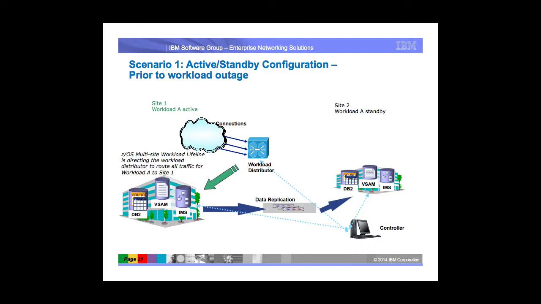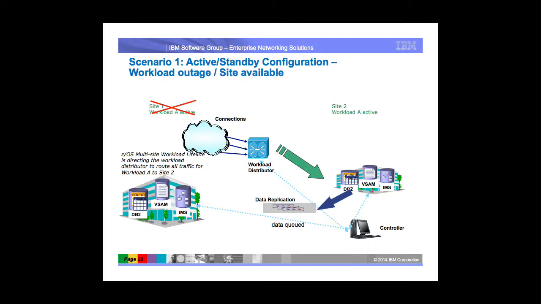If you then tab through and you see that workload A is no longer working, we're going to go ahead and route that workload's traffic to Site 2 and then reverse the data replication direction. Now I want to note here, the site's still up and running. There's not a site-level outage here. There's a problem with that workload. It could have been anything. Somebody could have fat-fingered a command. There are many different things that could have caused an interruption in that workload.